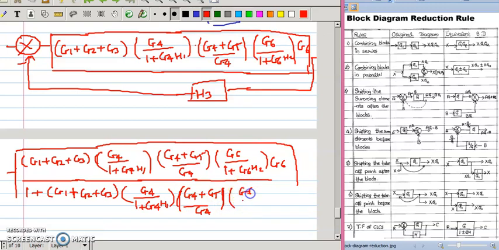Then G6 divided by 1 plus G6 H2, right? And G6 into the feedback element. What is the feedback element? H3. Okay, this is the single block we get after calculation.